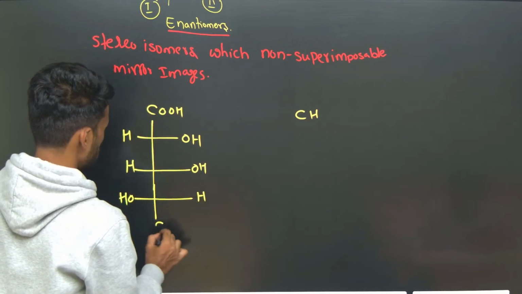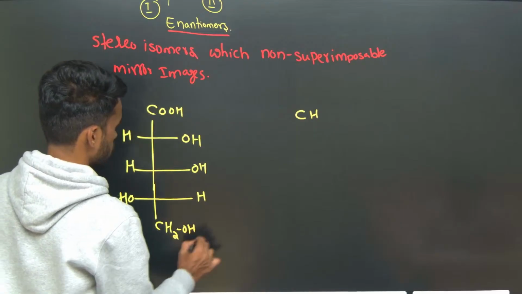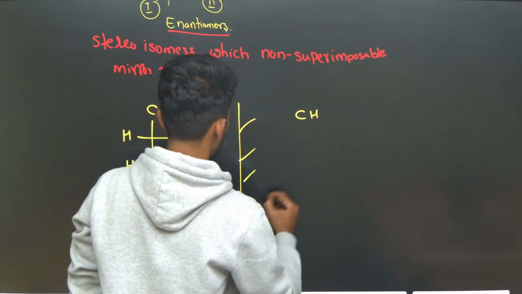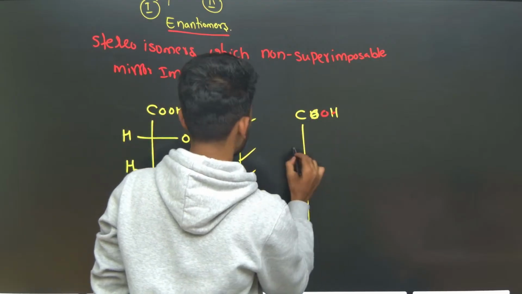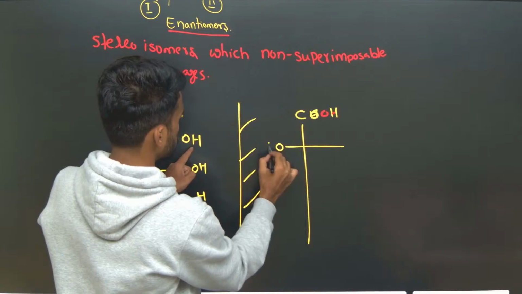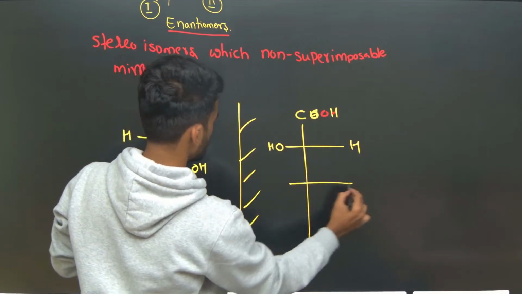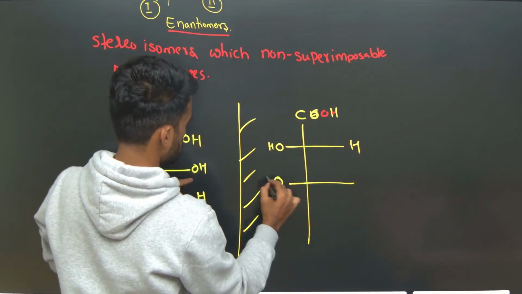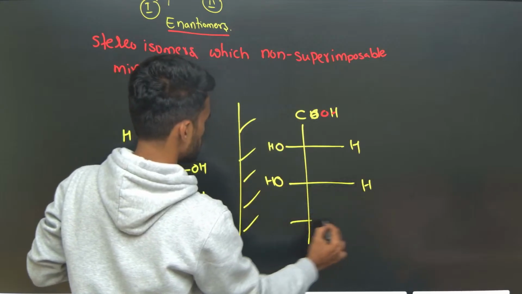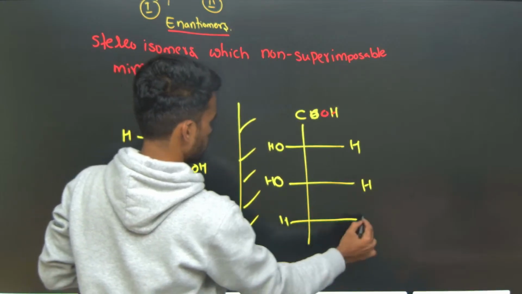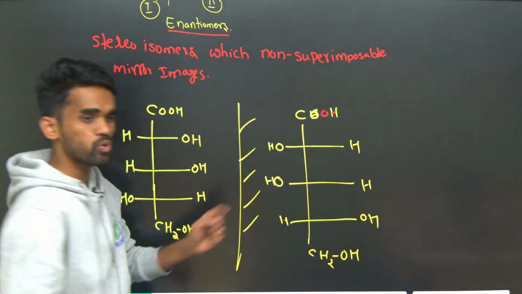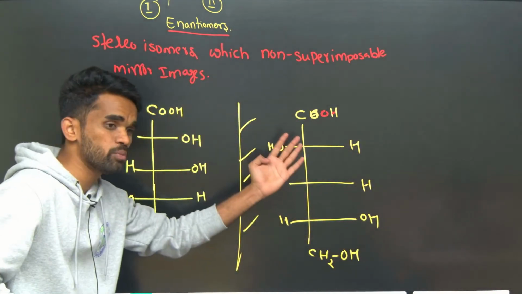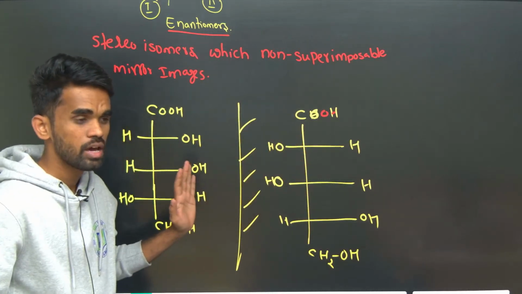What is its mirror image, you tell me? COOH, right side H, OH, H, OH, H, OH and CH2OH. Then these compounds are mirror images which are not superimposing, so we can say they are enantiomers.